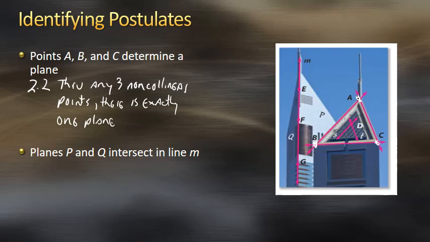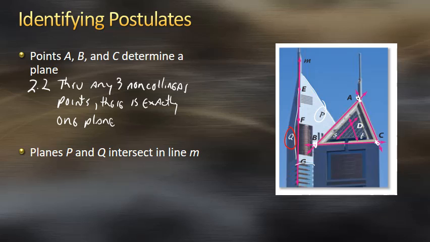Let's look at the second one. Planes P and Q intersect in line M. All right, well, there's plane P, which is kind of going up like this and down here like this, and looks like it continues over behind this roof line. And let's get another color.